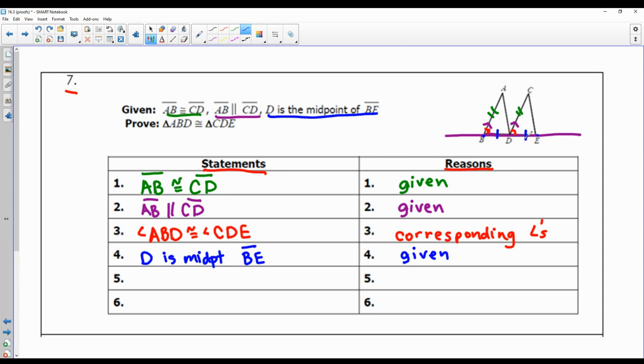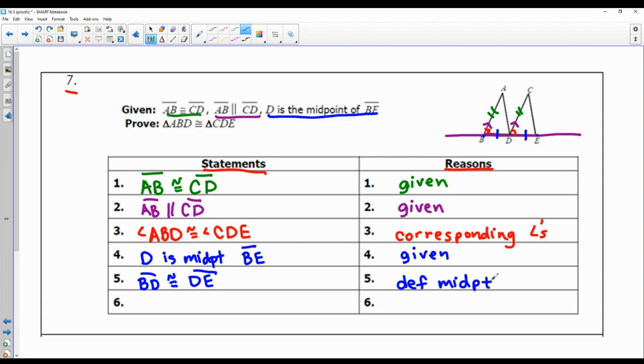So that midpoint tells us that the segment between B and D is congruent to the segment between D and E. And again, why is that? Well, it's what a midpoint means. It's our definition of a midpoint.